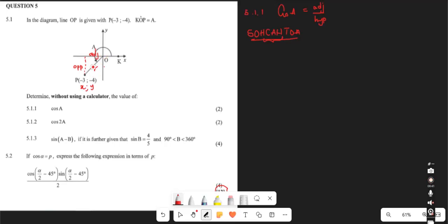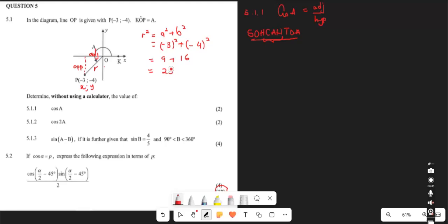So we must first find the hypotenuse. What are you going to do? We are going to use the theorem of Pythagoras. So r squared is equal to a squared plus b squared. Your a squared is the adjacent, which is the x, and your x is -3 squared, plus the y, which is -4 squared, which is equal to 9 plus 16.